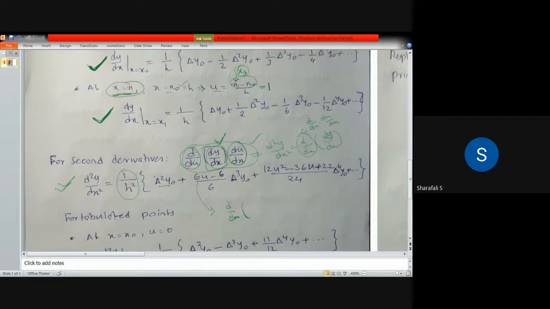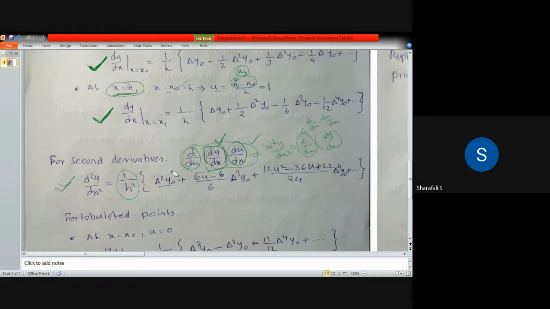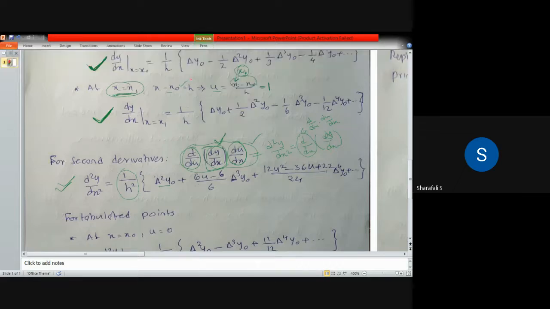So that term you have to, okay, sorry, not that one. If you consider the second term, then I think it should be the first one. Because the first term is constant, delta y0 will come, that is constant. So if you take the derivative, that will become 0, and del square y0 you have to consider.